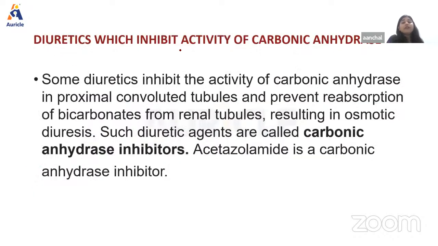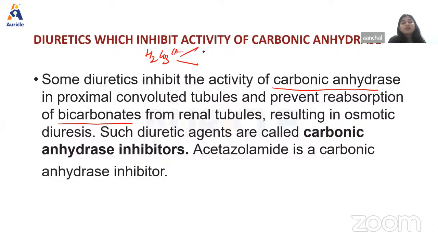Now, next we have the diuretics which inhibit the activity of carbonic anhydrase. So, some diuretics inhibit the activity of carbonic anhydrase, which is the enzyme responsible for the splitting action of carbonic acid, right? So, in the PCT this prevents reabsorption of bicarbonate, because whenever this enzyme is present, there will be formation of bicarbonate.